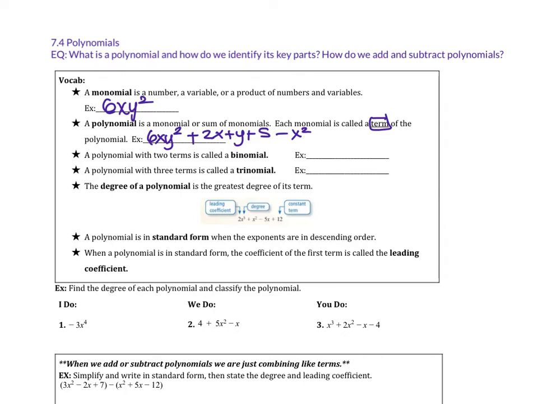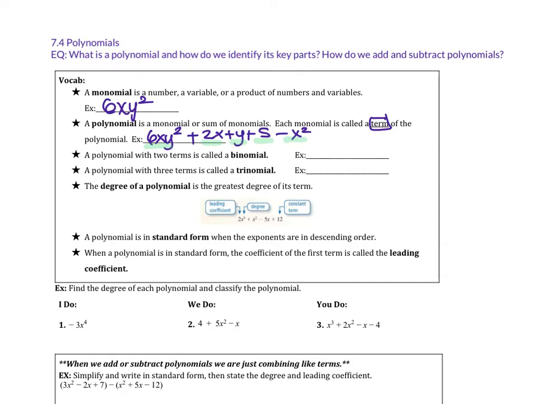Poly meaning many, it could have many terms, and again, each term is separated by a plus or a minus symbol. So this polynomial has, let's count how many terms, 1, 2, 3, 4, 5 different terms.